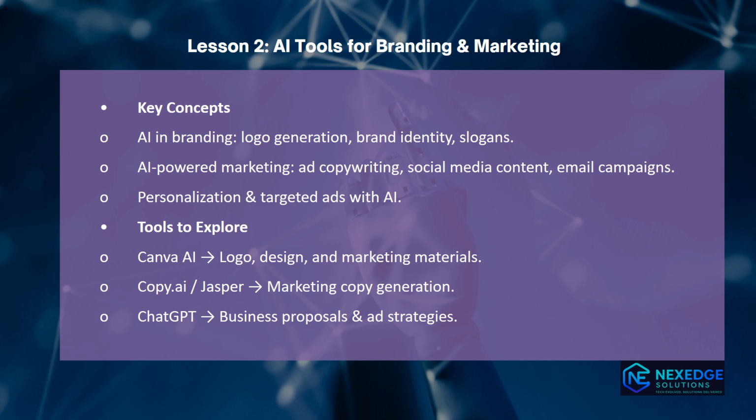You can use AI to sort out your target audience so you know where and how to place your adverts. So let's take a look at the tools to explore.